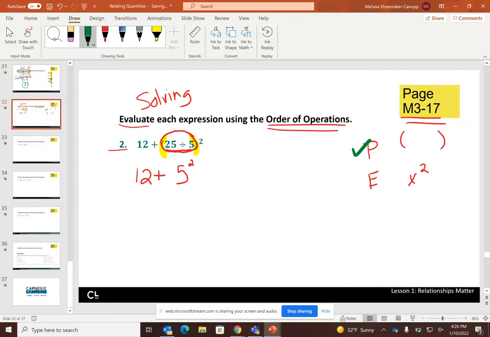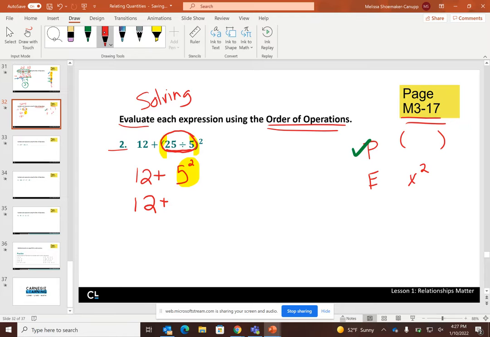Step 2 is exponents. So once again, I'm going back to my problem and I'm seeing this exponent right here. So I'm going to copy down what I'm not having to work with so that I don't forget about it. And then I'm going to evaluate or solve 5 squared.